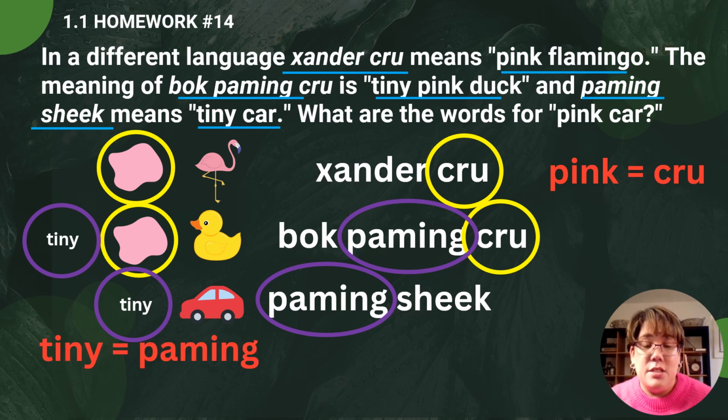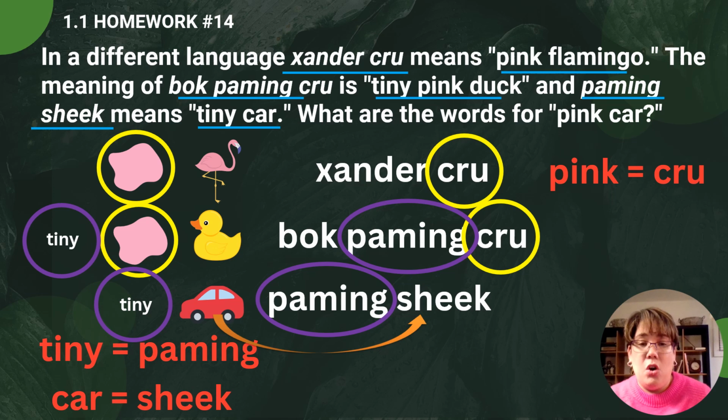All right, so tiny and paiming have to be the same. So if that's the case, in this last thing, notice I only had two words, right? Paiming and chic. So that means that by process of elimination, this car has to be chic, right? So car has to be chic.